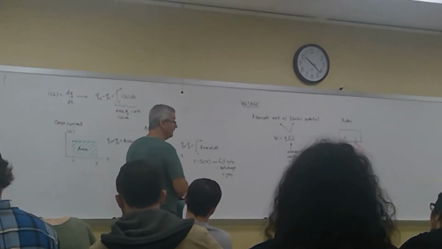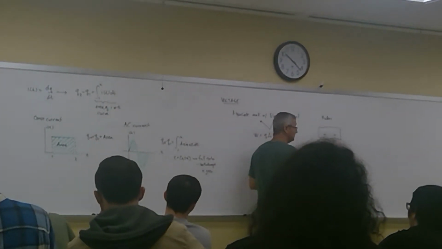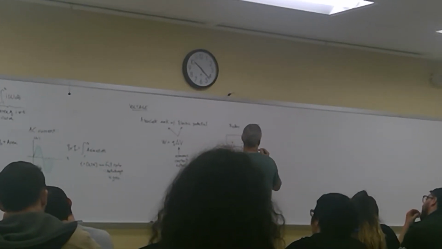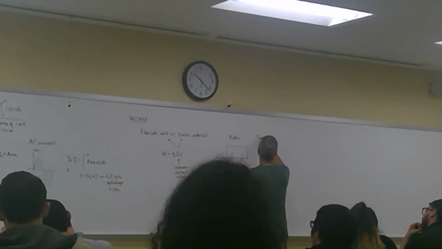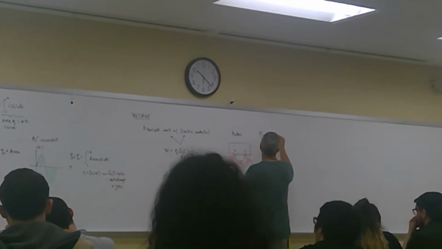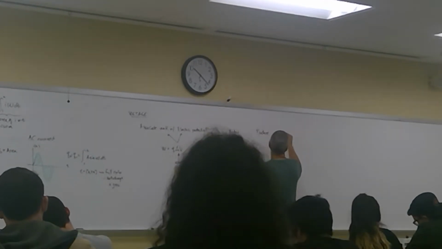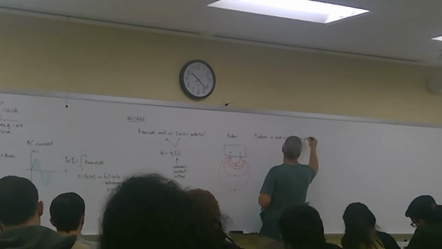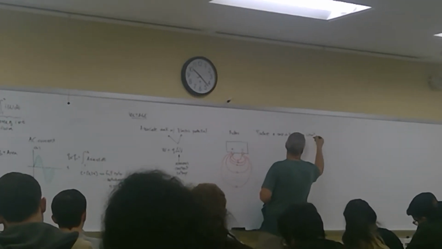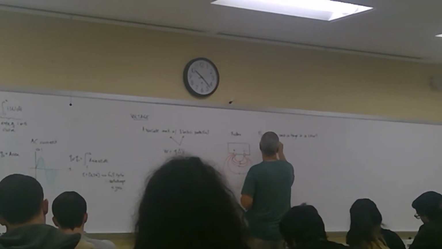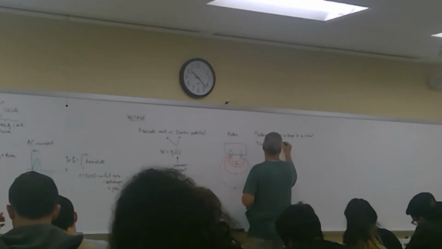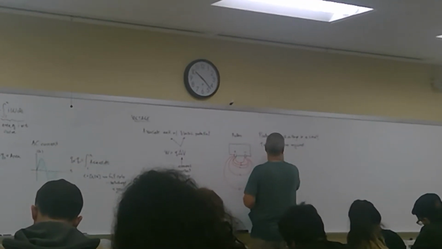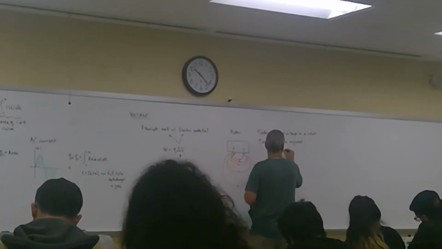It's a complicated thing. And so what you need here is two things. In order to produce a constant voltage in a circuit, two things are required. One, you need the battery.